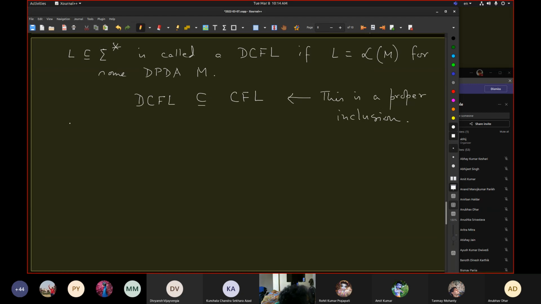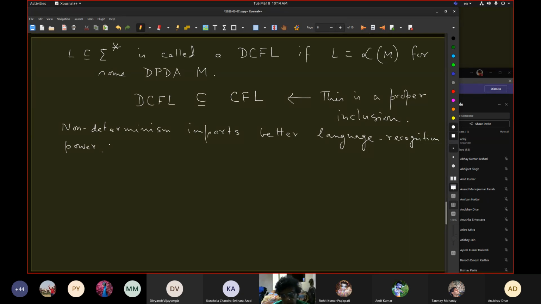So in the context of context-free languages, non-determinism imparts better language recognition power. So this has a role, non-determinism has a role to play.